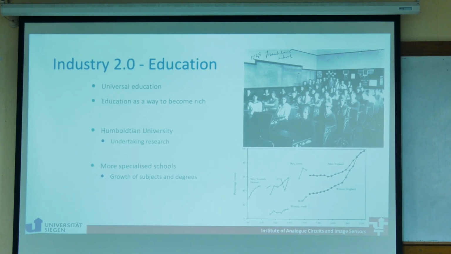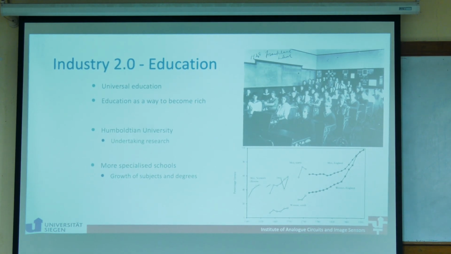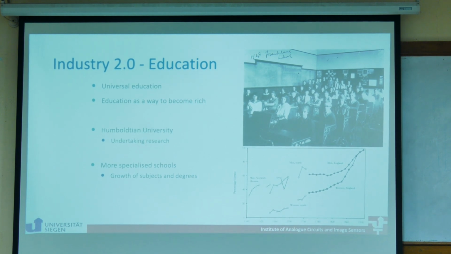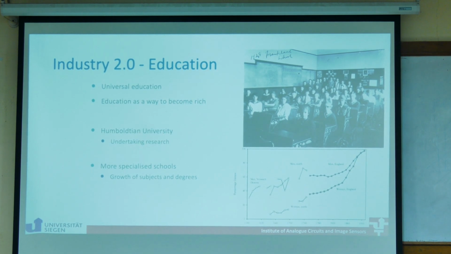Something happens in the education sector. This is a time when we start making education universal. Everyone should read. Everyone should go to school. We also come up with the concept of the Humboldtian University. Your institute is an example of a Humboldtian University. The idea that university professors should not only teach, but should also do research in their field comes into place.